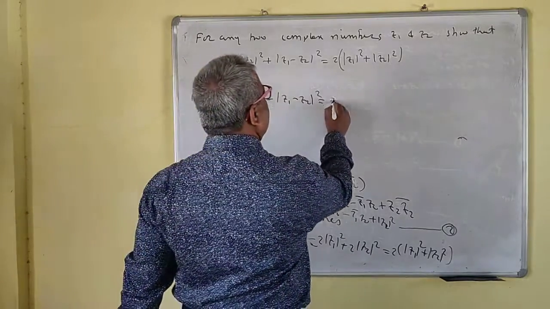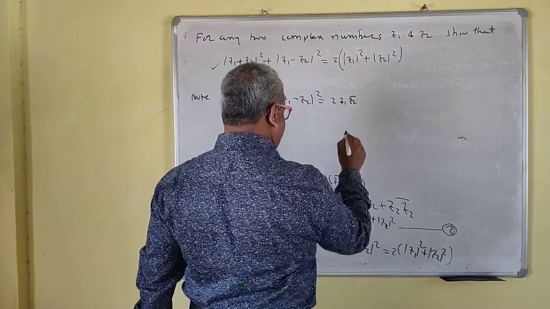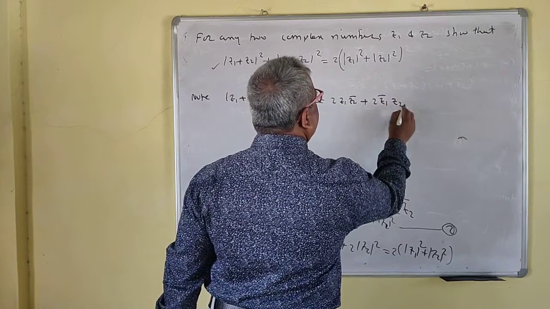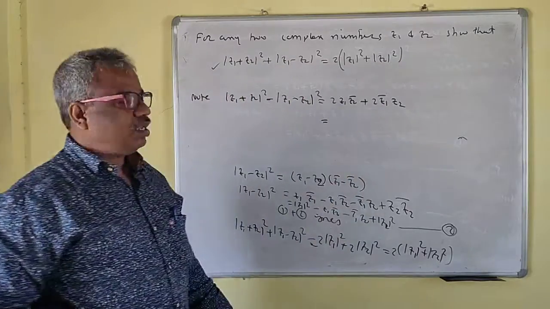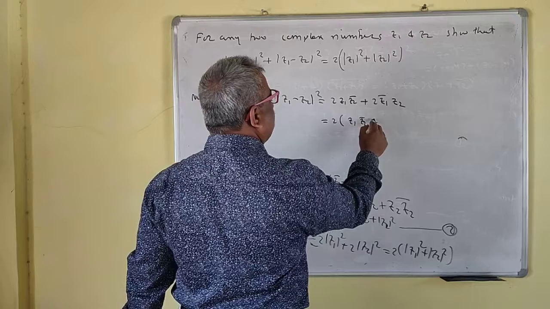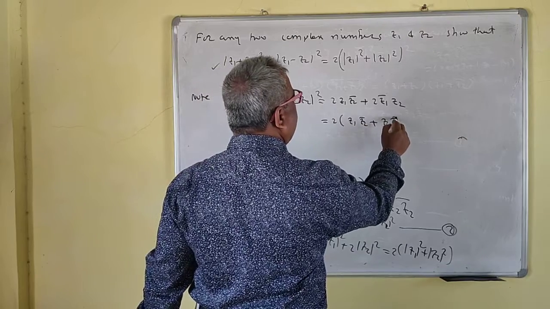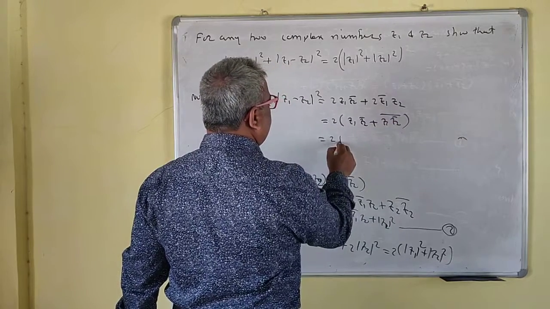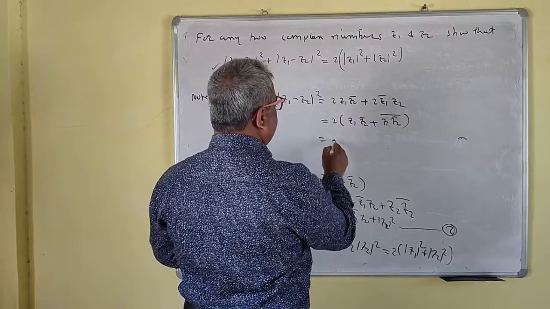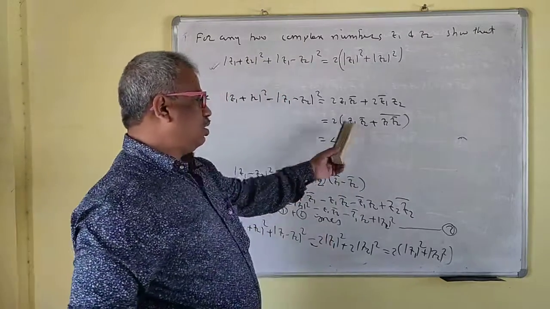So we get 2 times z1 z2 bar plus 2 times z1 bar z2. I can take 2 common and write z1 z2 bar plus its conjugate. So this is 2 times, and again this will be 4 times the real part.